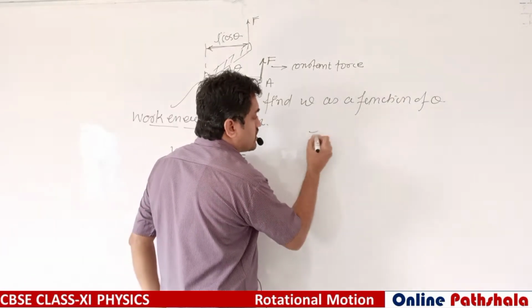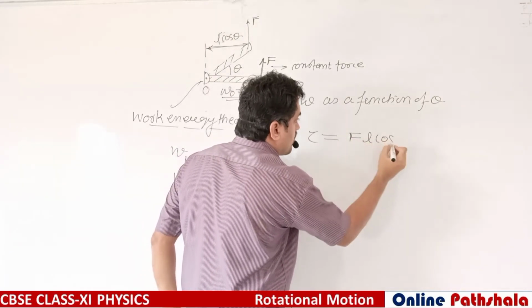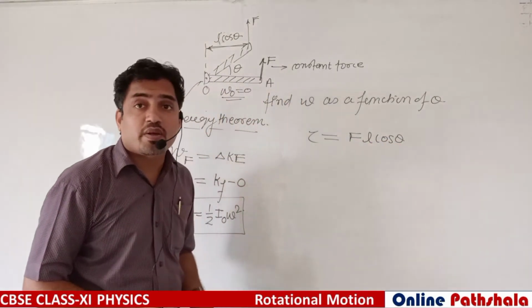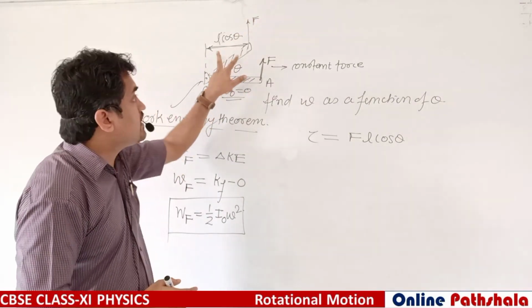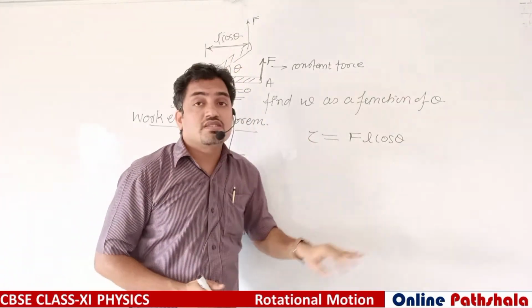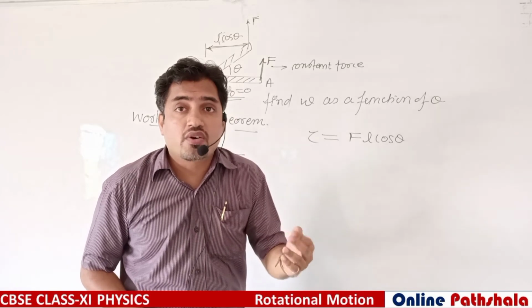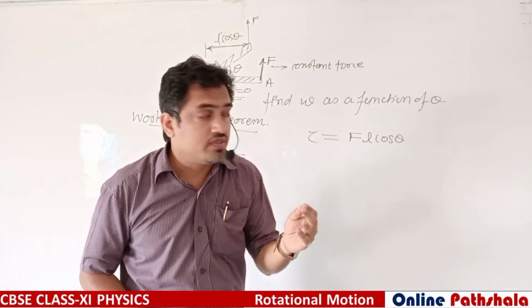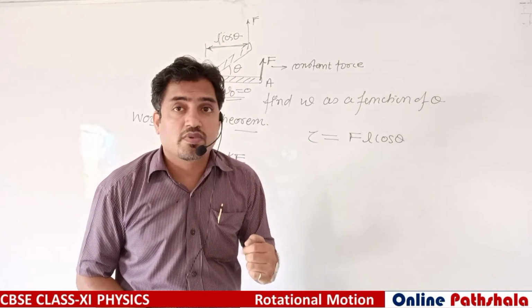The torque due to F is equal to F into L into cos theta. Why? Force into perpendicular distance. In this case, the force is F and the perpendicular distance is L cos theta. Since this torque is a function of theta, to find the work done by F we have to use integration because it is variable.